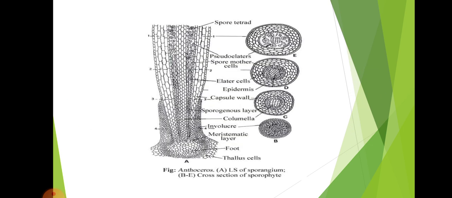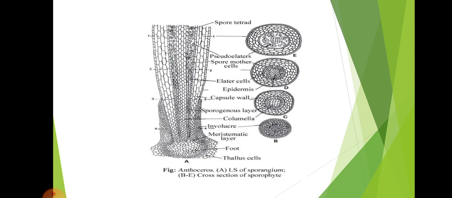This is the diagram. If you see the diagram, Anthoceros sporogonium, cross section of sporophyte is there, B to E. If you see the A and B to E, from top to bottom, spore tetrad is there and pseudoelaters are present.